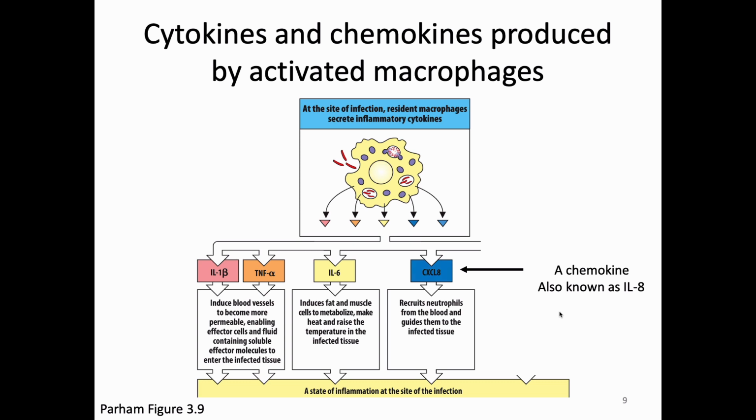We're also going to see changes in metabolism in local tissue, as well as, because this is a chemokine, it makes things move. We're going to call in other cells. We're going to say, hello, cavalry, get over here. We got a problem. We need you. And so we're going to call in and recruit other cells. We're going to make some changes to the vasculature, and we're going to make some metabolic changes, all in this situation.